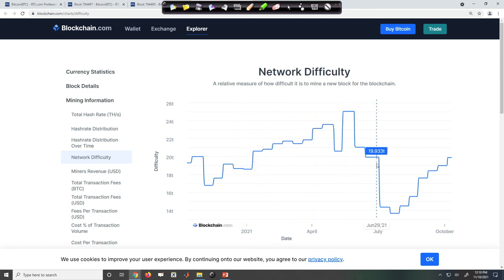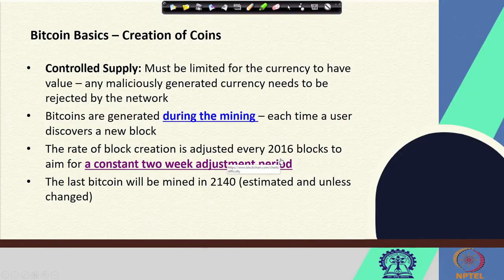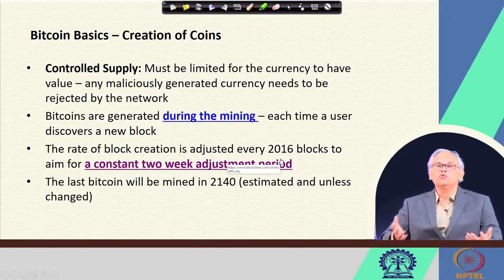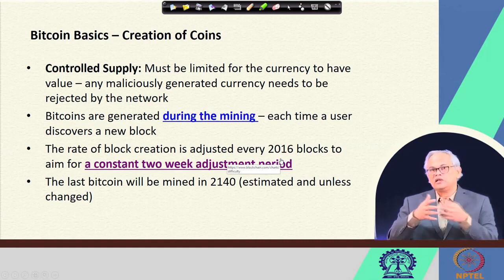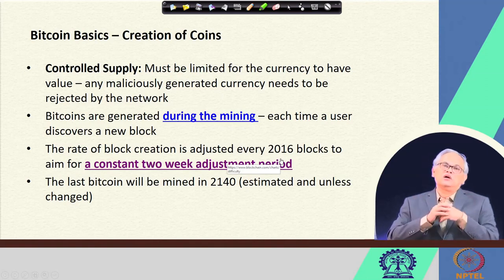Only in July of 2021 there was a sudden drop, and then again you see that it is slowly increasing from July till October of 2021. In general there is this increasing trend, which is quite obvious, because with time new hardware will be able to solve the puzzles more quickly, and that means that we have to increase the number of leading zeros, so that the average block mining time of 10 minutes remains fixed.